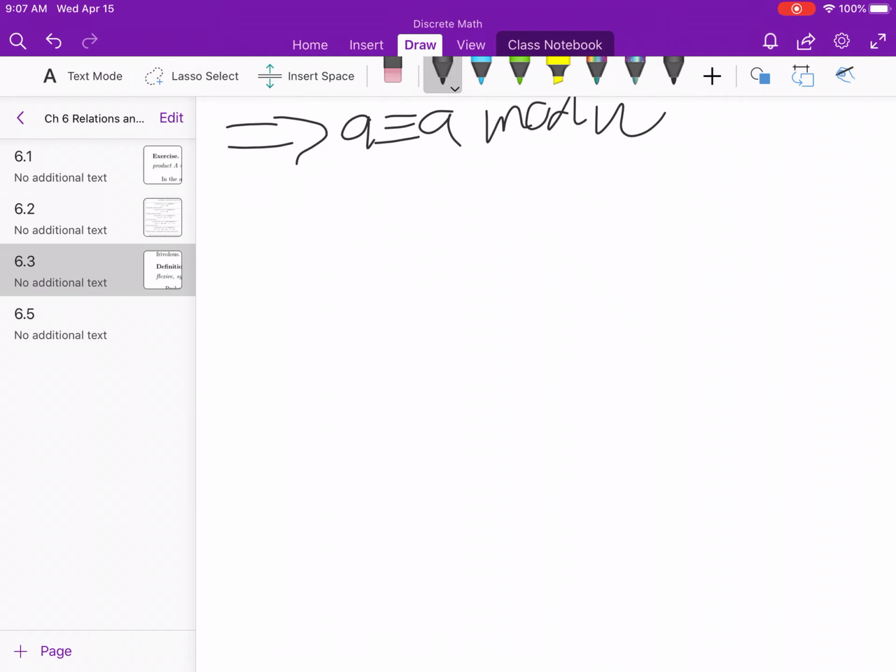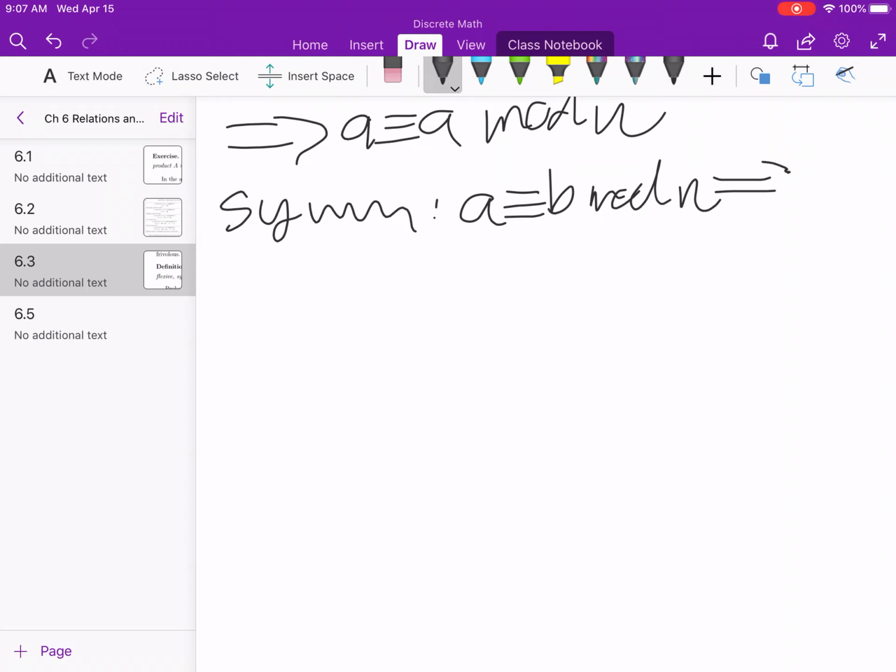Let's look at the symmetric property. Remember, just like we've done in previous times, we want to suppose that A is congruent to B. We want to show that if A is congruent to B mod n, then B is congruent to A. Well, this is just a direct proof.